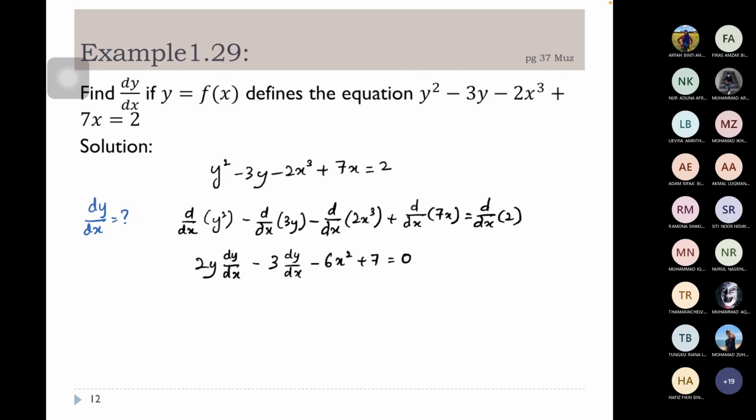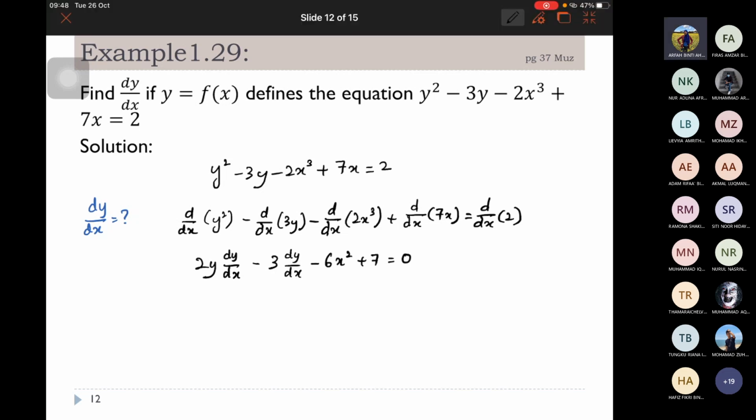Okay. So from here, kalau nak clear sebenarnya kita letak ni lah. 6x kuasa 2 dx over dx tambah dengan 7 dx over dx sama dengan 0. dx over dx it will become 1.